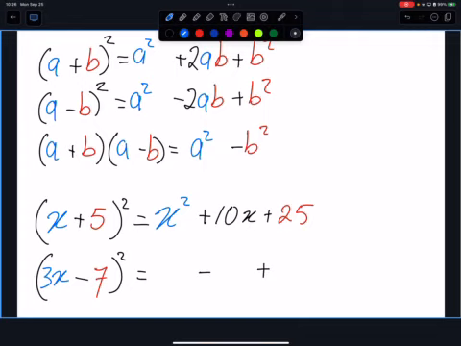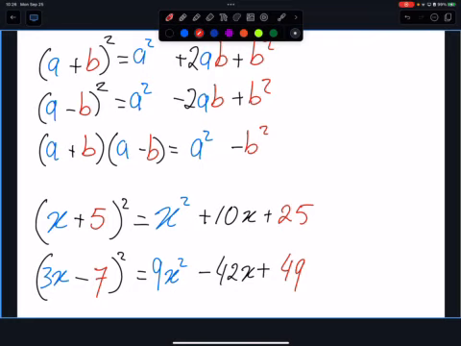So you have to take the square of what? 3x. What do you have? 9x squared. Plus 2 times 3 times 7, minus 42x. And then 7 times 7, 49.